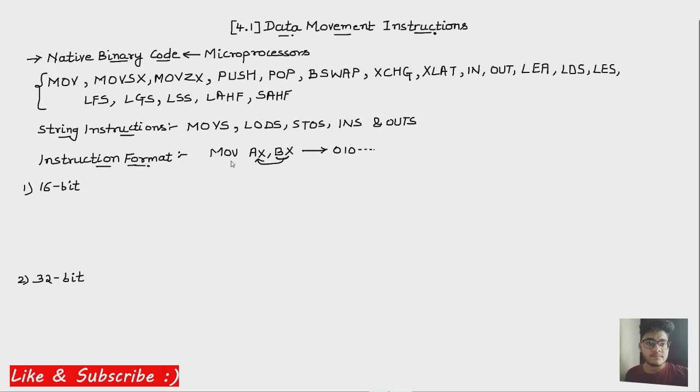And the interesting thing we are going to do is this: we will be given some instruction, for example 8BECh, where h means it is hexadecimal, right? So this is a 16-bit instruction, and we are going to convert this hexadecimal into binary.